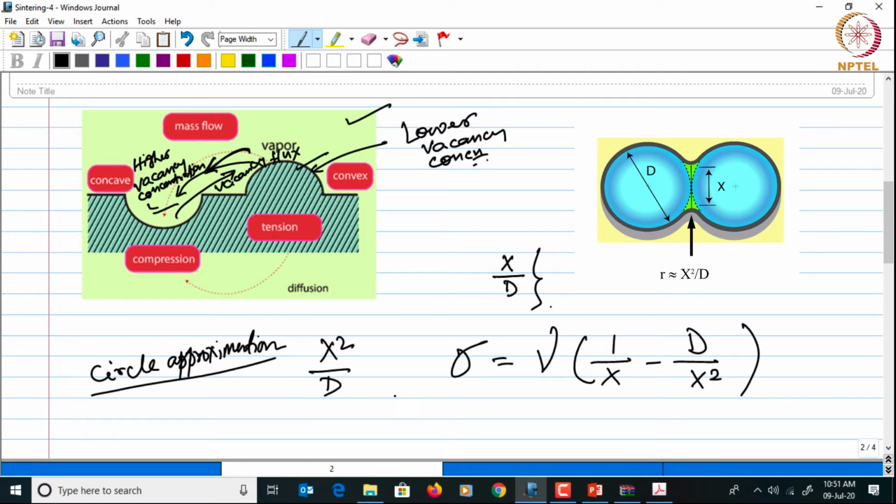This is the sintering stress which helps the particles bond and is therefore a driving force for densification. From here you can also see that when the diameter is small, sigma is high. That means smaller particles will have higher sintering stress, or greater driving force for densification.